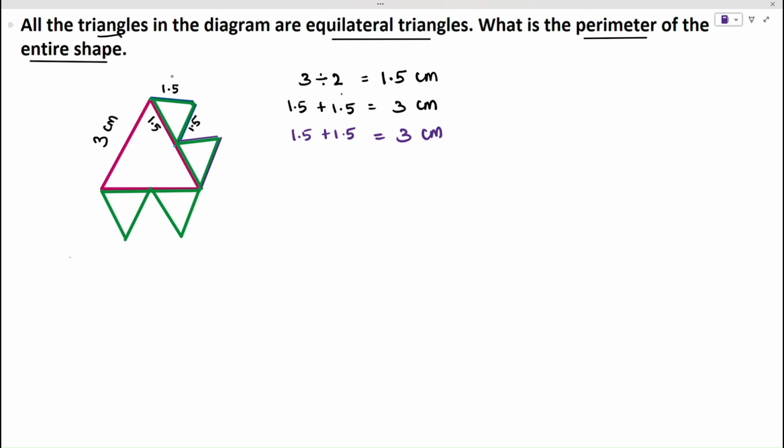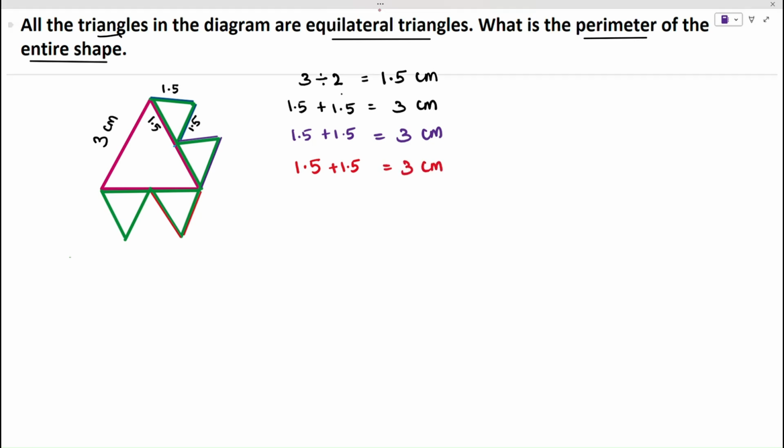So now we have 2 3s here. Now we have our third set of 2 sides in our third equilateral triangle that's exposed to the outside. So, once again, 1.5 plus 1.5 is 3, and this is what we're counting as well.